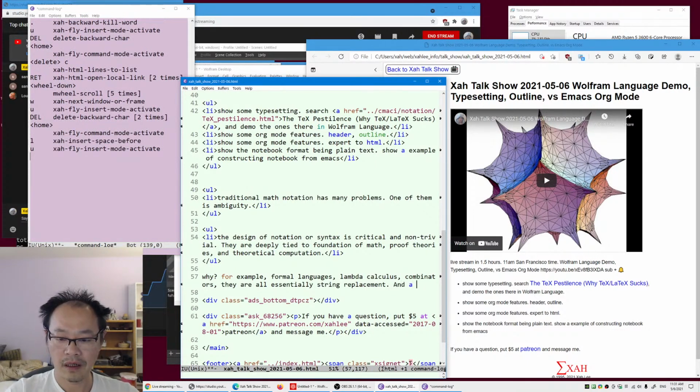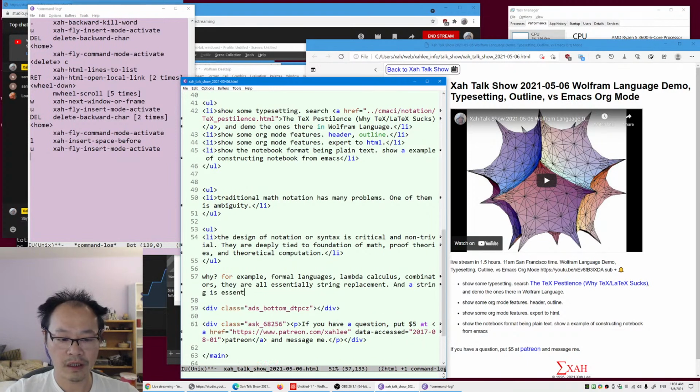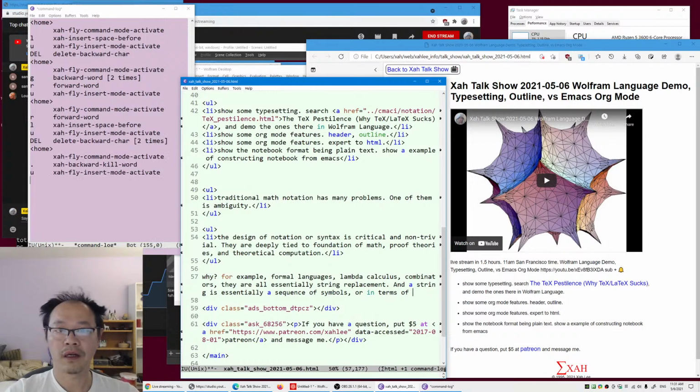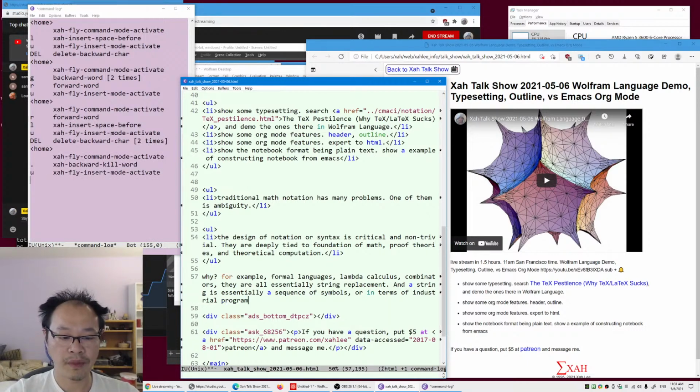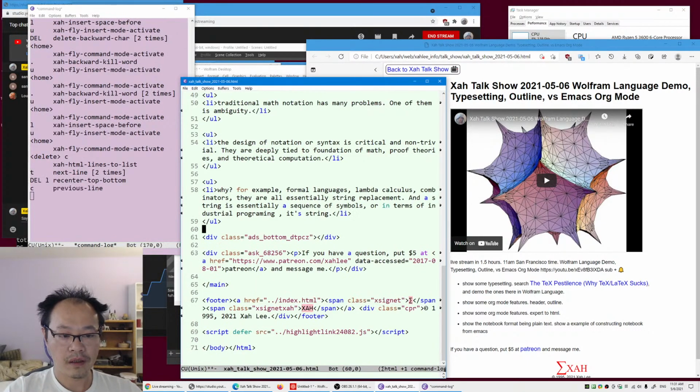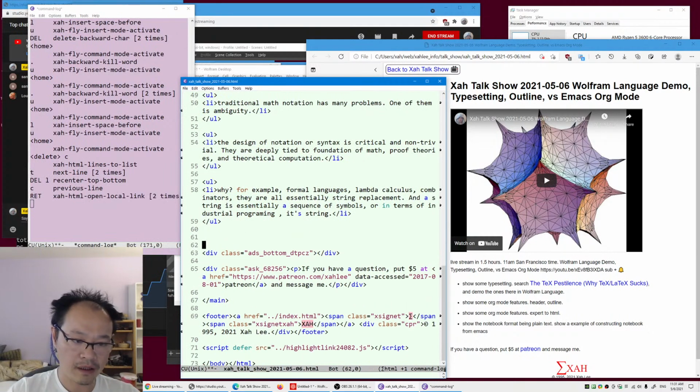And a string is essentially a sequence of symbols, or in terms of industrial programming, a string.